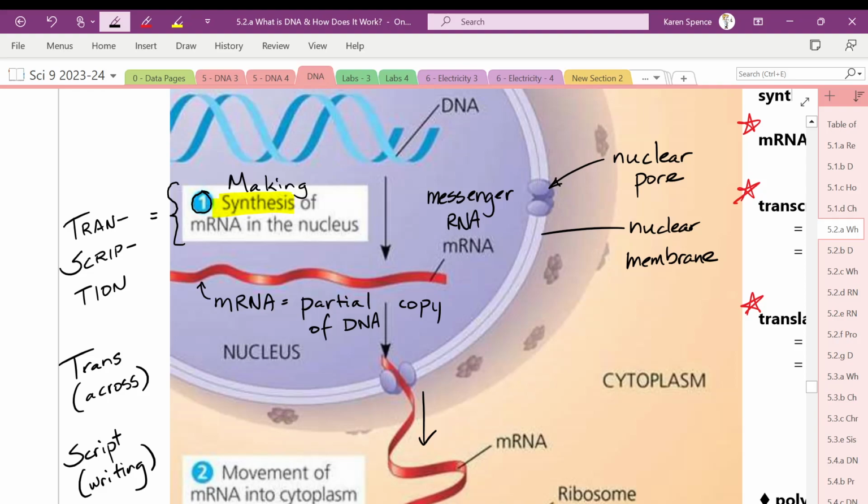Trans means across, script means writing. Transcription, we're turning the writing of the DNA code into RNA code.